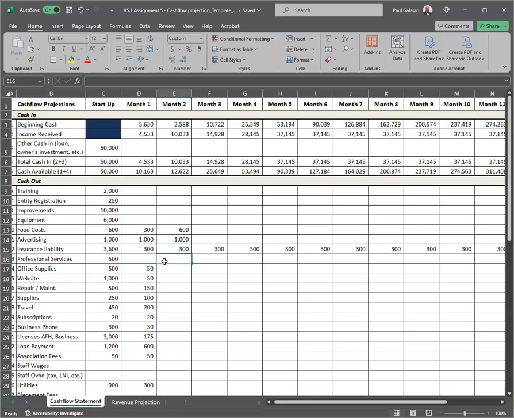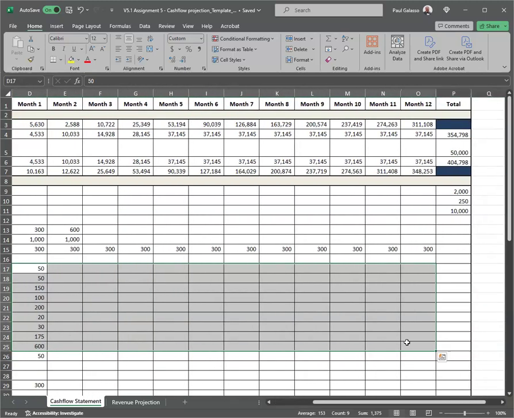Professional services for month two, again, we don't have any. We're doing that only quarterly, so we'll skip that month. Now we get into office supplies, website repair, maintenance, supplies, travel, subscription, all the way down until association fees. We're going to do the exact same thing by holding that down and dragging it over to month 12.